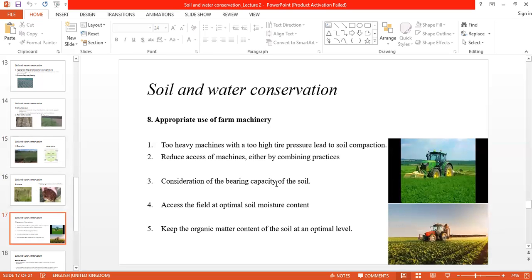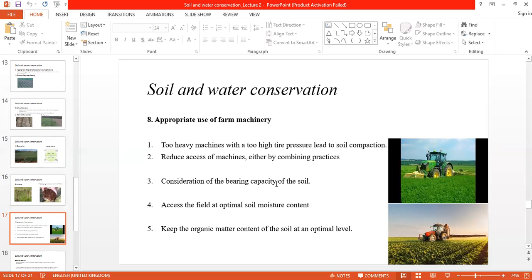But even those who do civil engineering also do this parameter, because when they are building, they want to compact the soil so that the building is strong.